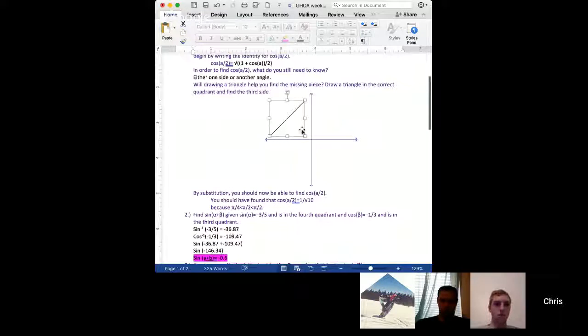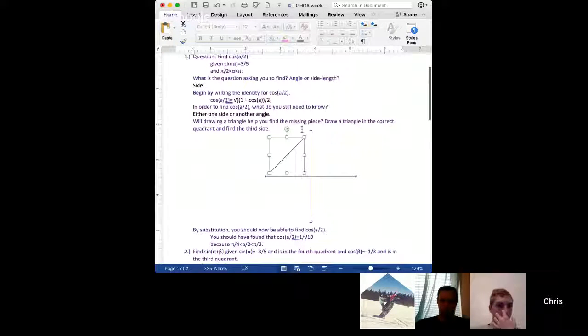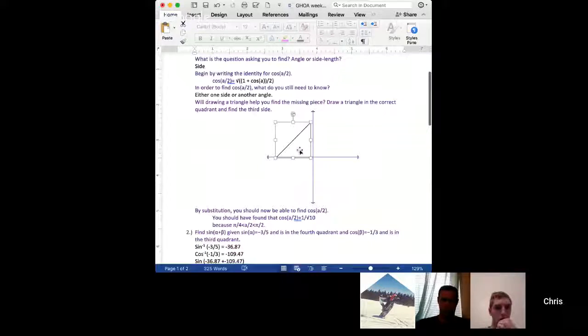Say what? Because pi over 4 is less than alpha over 2, which is less than pi over 2. So we should have found that cosine alpha over 2 equals 1 over the square root of 10. Correct.